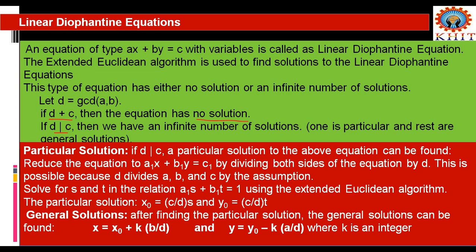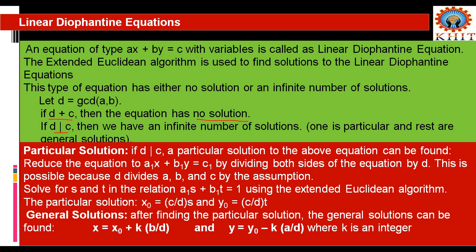Then find the s and t values using the extended Euclidean relation, a1 into s plus b1 into t is equal to 1. Find the s and t values using a1 s plus b1 t is equal to 1.